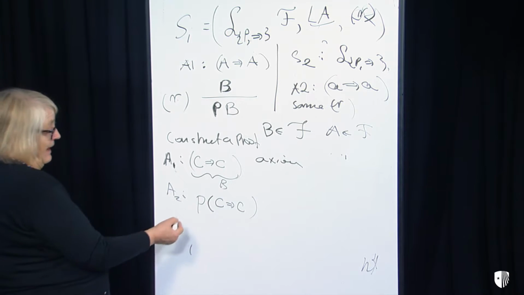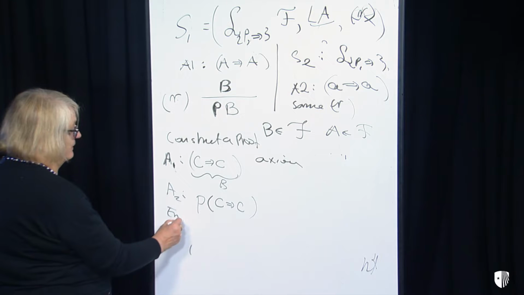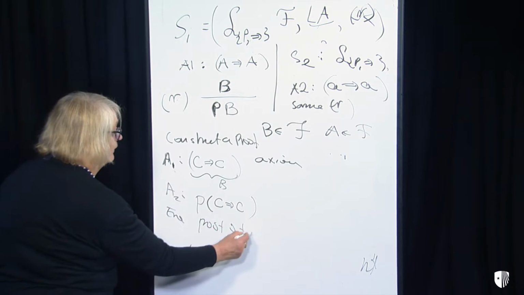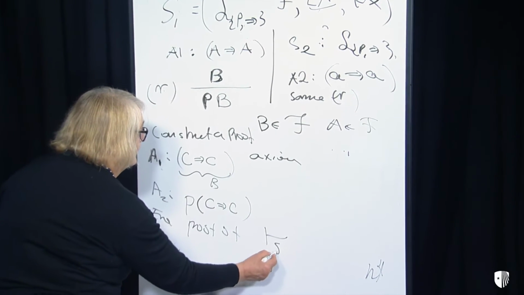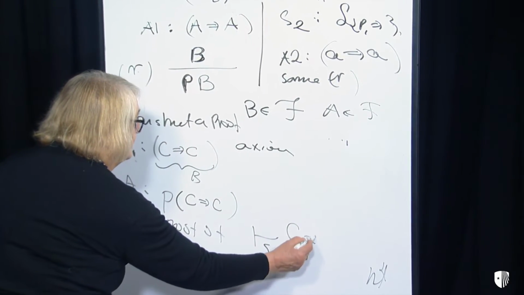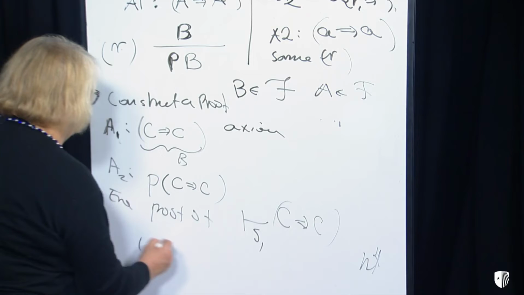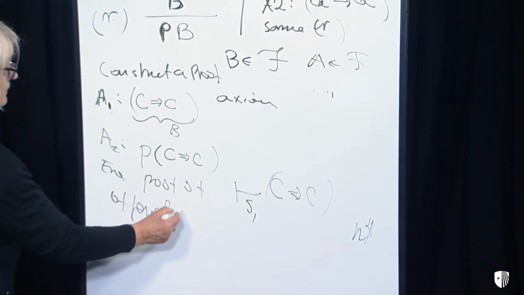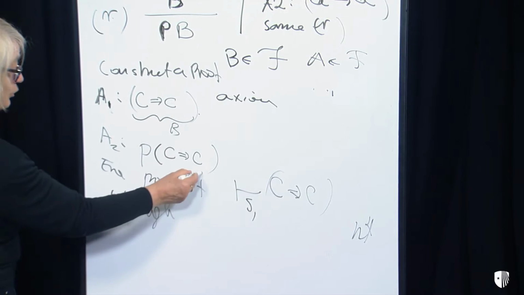And I can say, OK, I end here. So this is a proof, in our S1, of P(C implies C) of length 2.